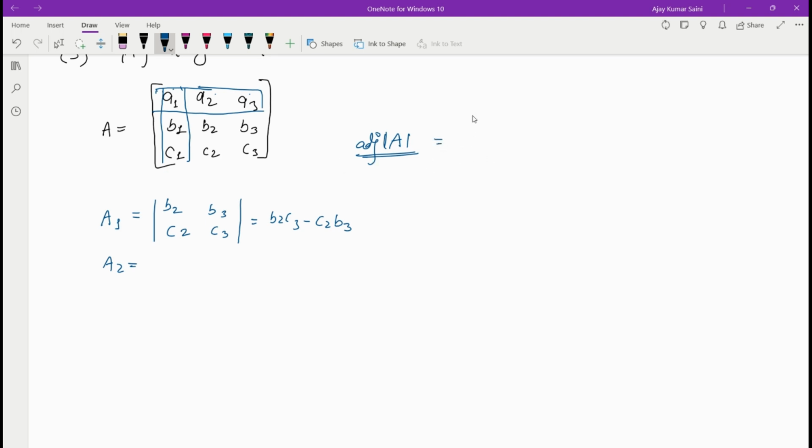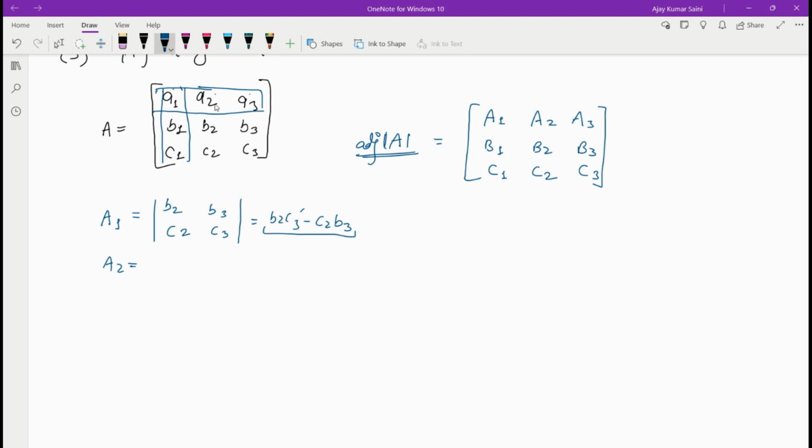I can write it as a1, a2, a3, b1, b2, b3, c1, c2, c3. Okay. So now I replace a1 by this.